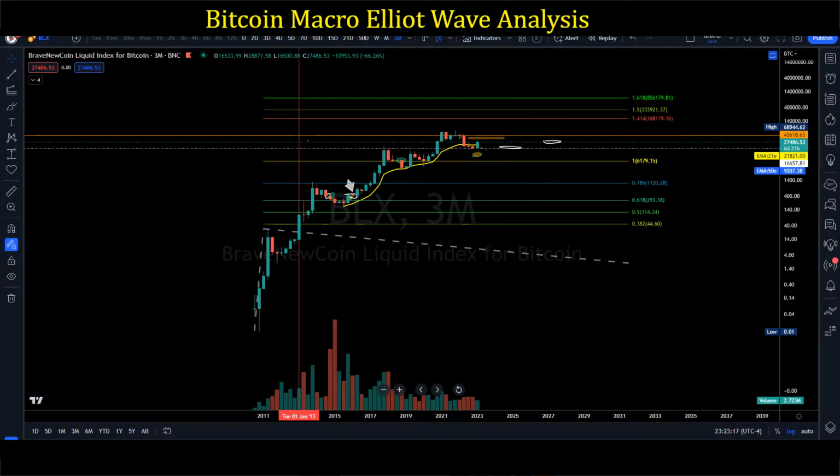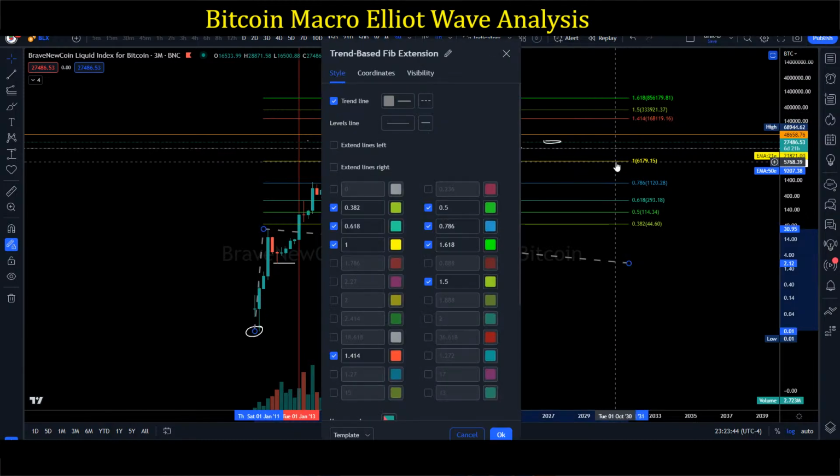If you take the wave 1 since back in 2020, up to the wave 2, and you take this wave to the downside, you can see BTC has been respecting these fibs: 0.786, the 1-to-1 extension, and this one right here. The next fib to the upside is going to be the 1.41 extension.